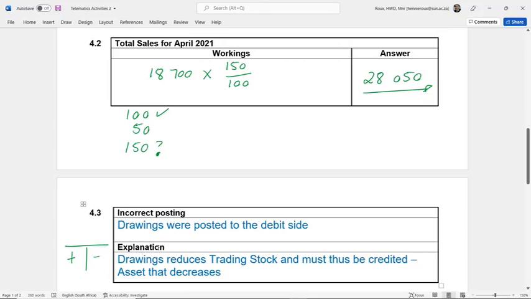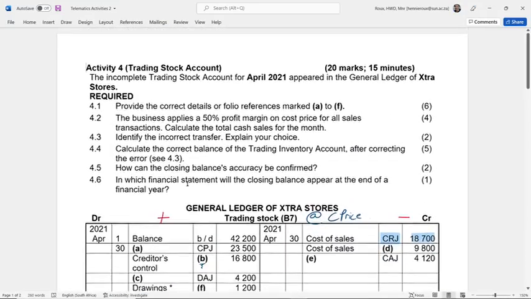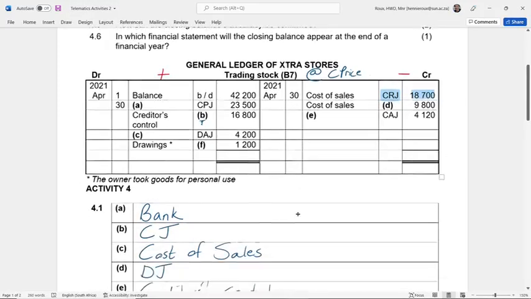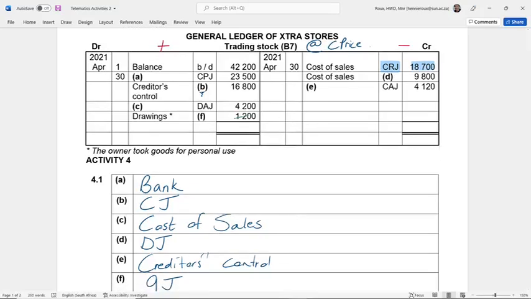The next question, they ask us to calculate the balance on the trading stock account. Calculate the correct balance of the trading inventory account after correcting the error in 4.3. So we know this 1,200 mustn't be on that side. It must be on the credit side because trading stock decreases. And now we must calculate the balance. So whenever we calculate the balance, we add the debit side and we subtract the total of the credit side in order to get the balance.